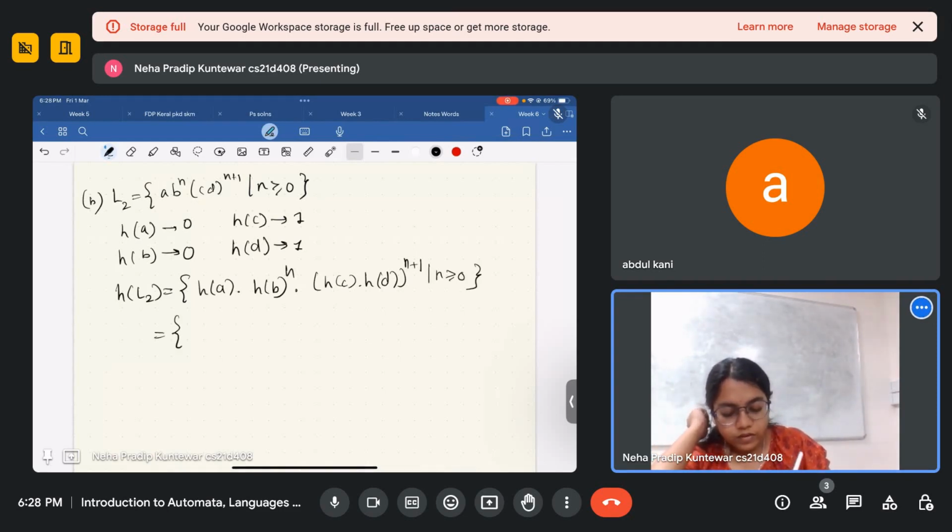So now we're just going to look at each of these values from the function that we just defined, and replace them. So h of a will be replaced with 0, h of b with 0 again. Then h of c is replaced with 1, h of d with 1.